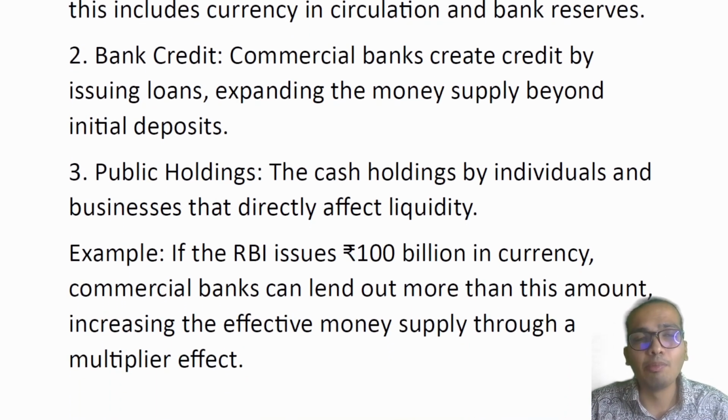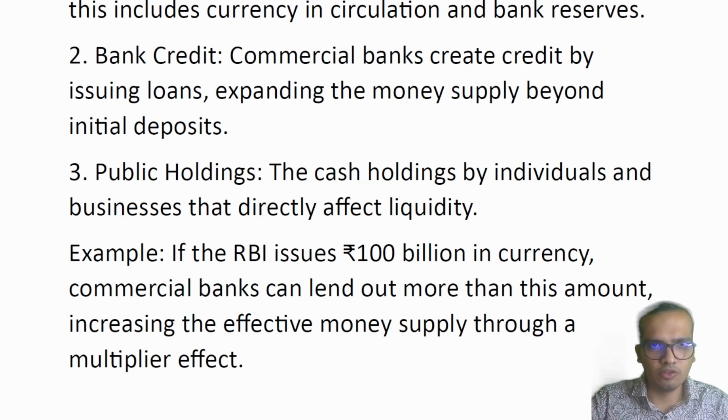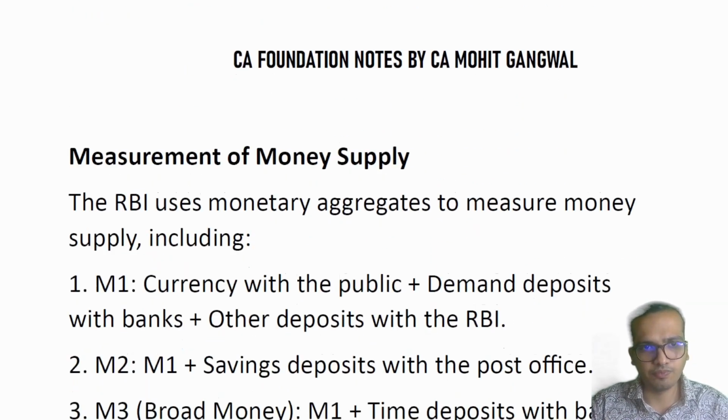And third, public holdings, that is the cash held by individuals and businesses that directly affects liquidity. So for example, if the RBI issues rupees 100 billion in currency, commercial banks can lend out more than this amount, increasing the effective money supply through a multiplier effect. So the money is multiplying.